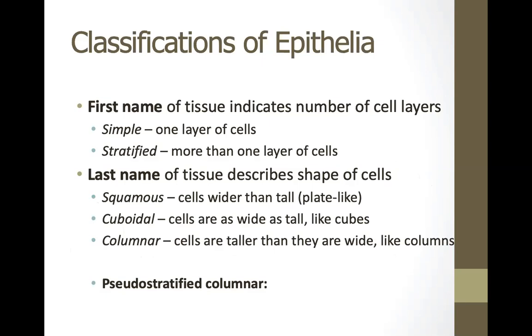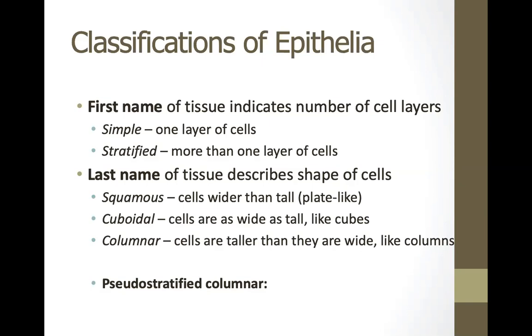So based on what I've told you guys so far, based on what you see right in front of you, how many types of epithelial tissue can I create by looking at the options for the first name and the options for the last name, guys? Can you take a moment and type a number for me? The question is, if I'm looking at identifying epithelial tissue, how many can I create by combining my first name and my last name?